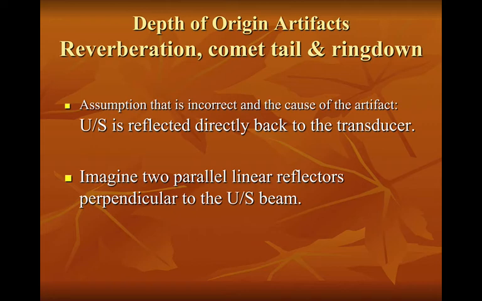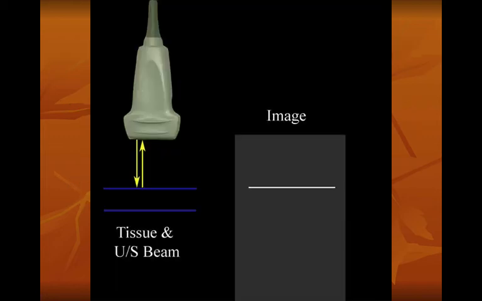The next group is depth of origin artifacts, and that includes reverberation, comet tail, and ringdown. The assumption the ultrasound machine makes is that ultrasound is reflected directly back to the ultrasound transducer from whatever it's reflecting off. But that doesn't always happen. Imagine here we've got two parallel reflectors.